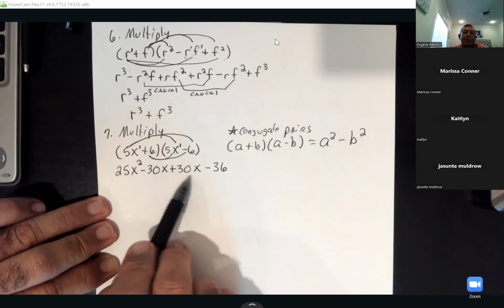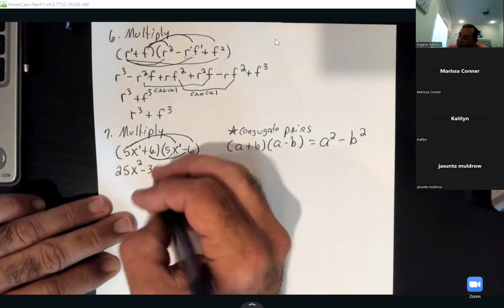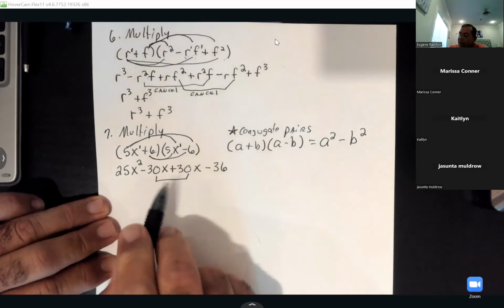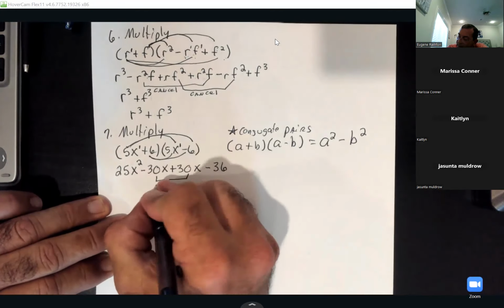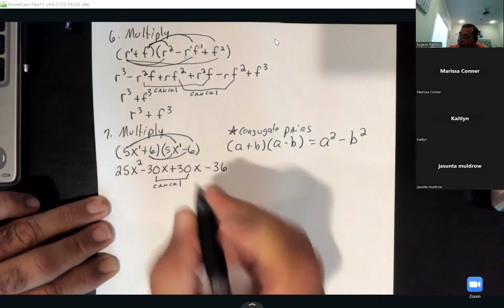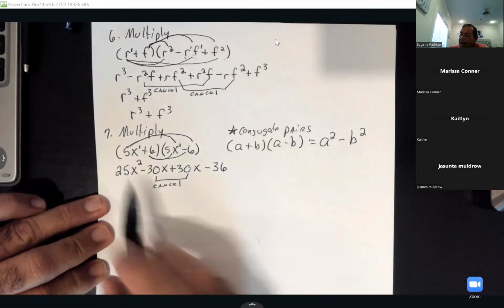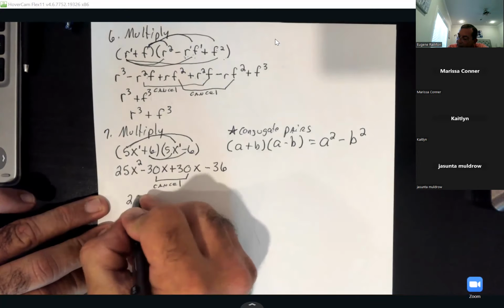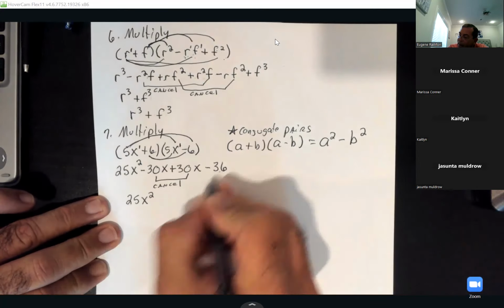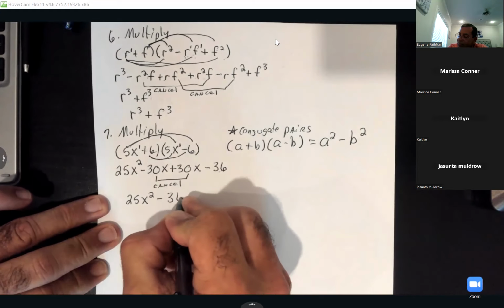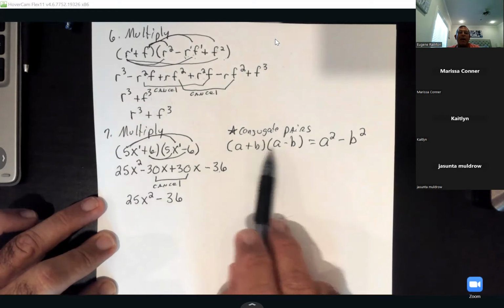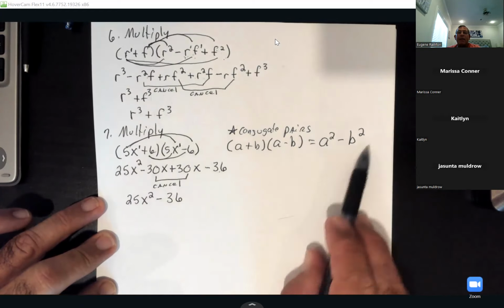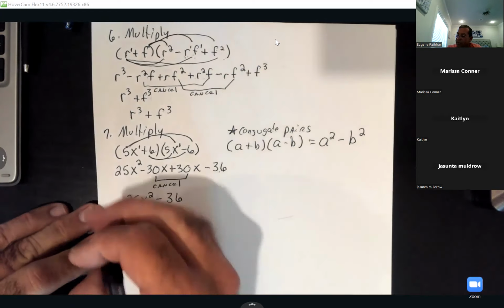So do y'all see what happens in the middle here, these conjugate pairs? Negative 30 plus 30, those cancel out. So I'm left with my 25x squared minus my 36. So y'all, the conjugate pairs always follow this pattern and end up as the difference of perfect squares.